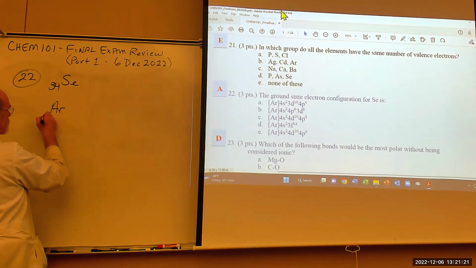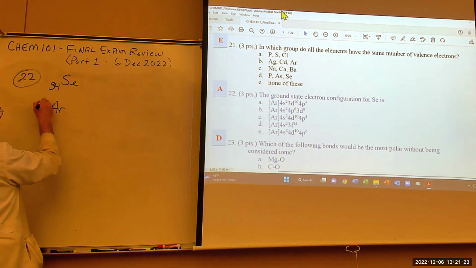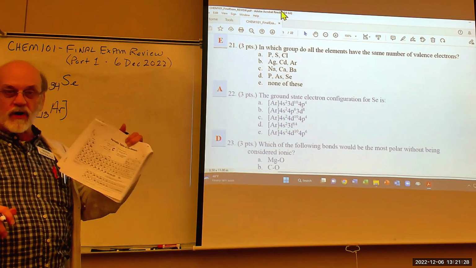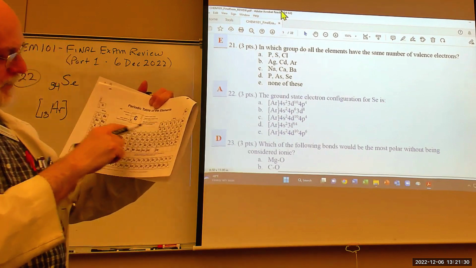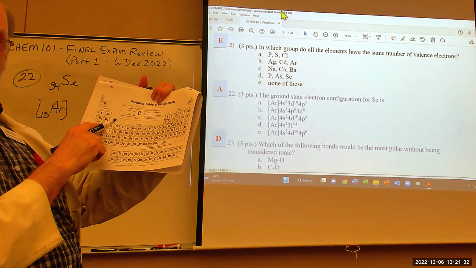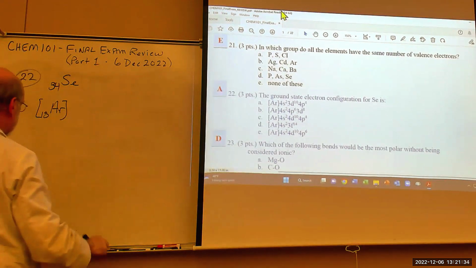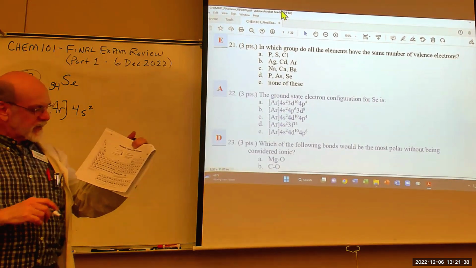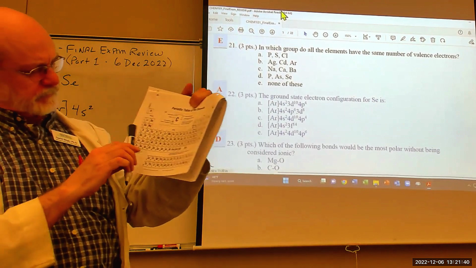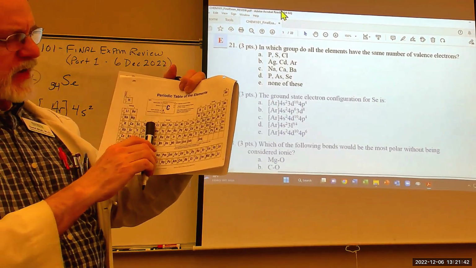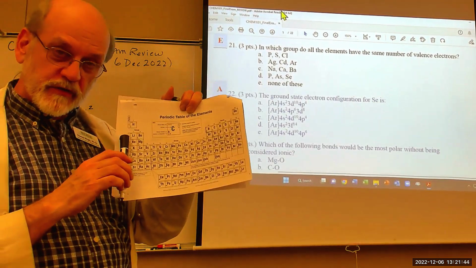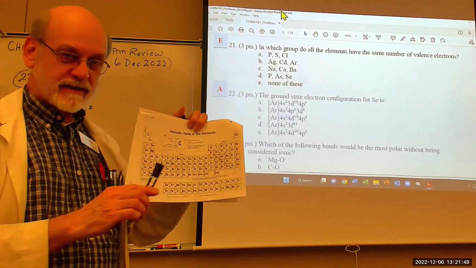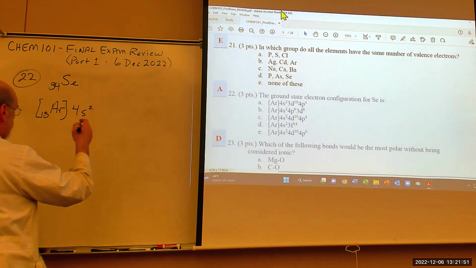So argon with 18 electrons is where we can start. Now where do we go? Well, argon, we wrap down to the 4th period. Now we're in 4s, and we fill 4s2. Then we get to the transition metals. Remember, when you go into the transition metals from 4s, you go down to 3d. So 3d, and we go all the way across.